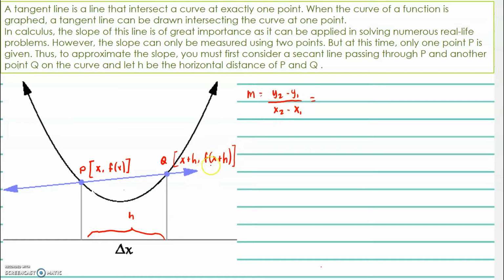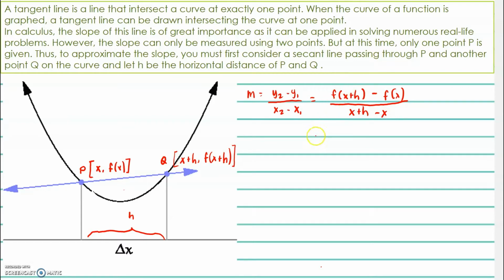Now, our y sub 2 here is f of x plus h. So you have f of x plus h minus y sub 1, which is f of x, all over, okay, x sub 2 is x plus h, and your x sub 1 is x, so minus x.